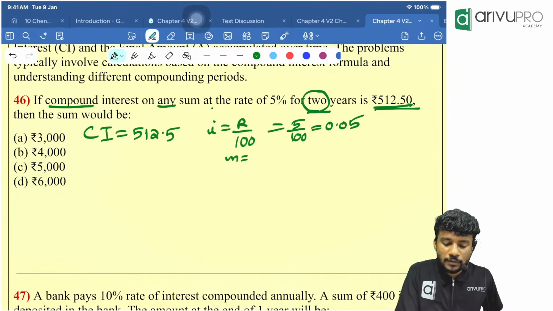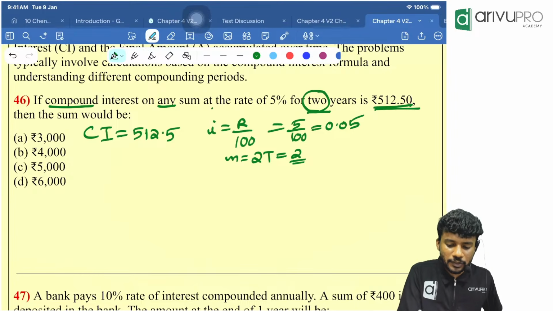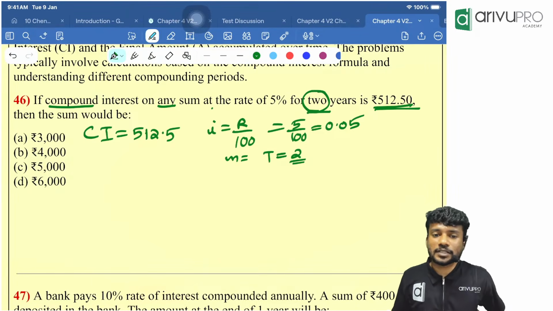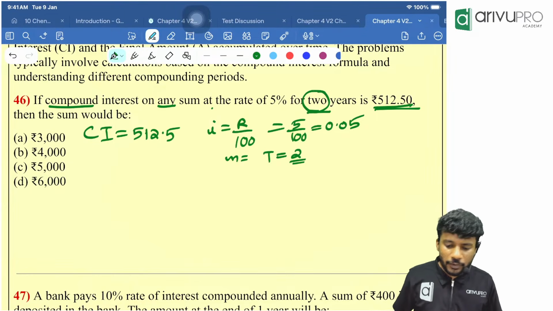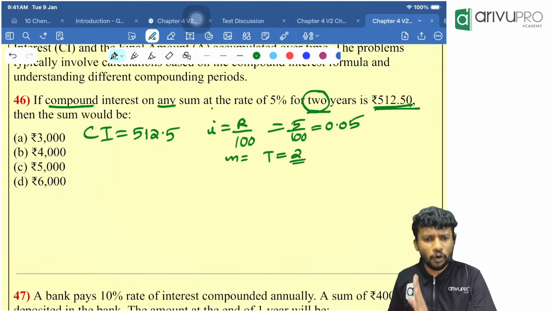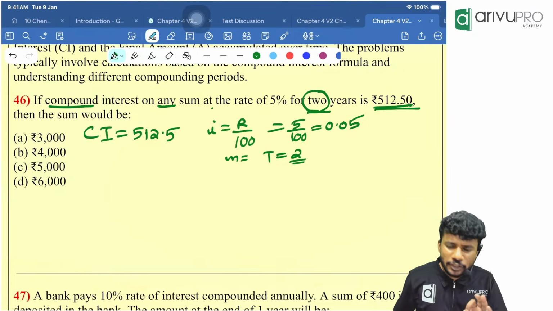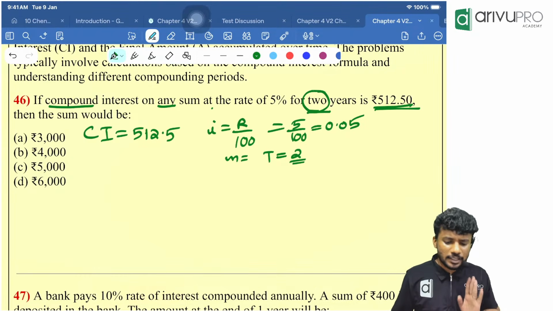For 2 years. Since it is annual compounding, N is 2 into T, that is 2 itself. Directly I can write the number of years, or the number of compounding periods, is equal to 2.